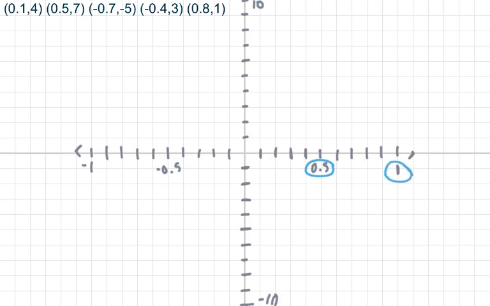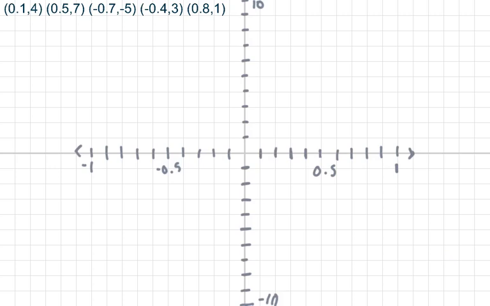And then I did that also for the negative numbers. And for our y-coordinates, I looked to see what our biggest number was going to be, and our biggest number was going to be 7. And so I just went up to 10 because I had room to go up to 10, and then I went down to -10. And now that we have our graph and our scale, we can plot our points.